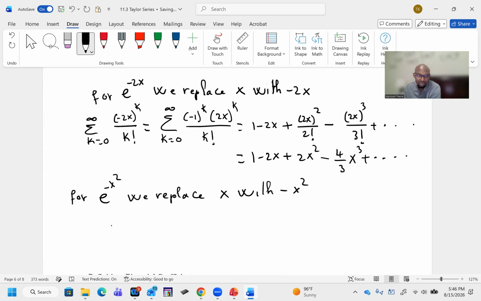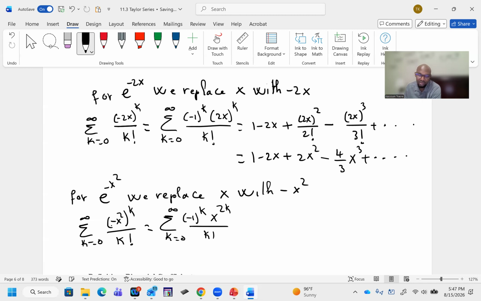So the sum from k is equal to 0 to infinity, right? Negative x squared to the power of k divided by k factorial, which will be the sum from k is equal to 0 to infinity, negative 1 to the power of k times x to the power of 2k divided by k factorial.